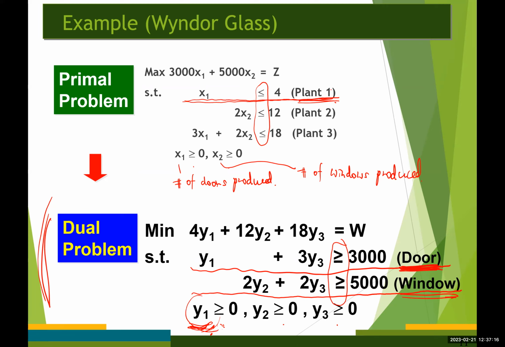Likewise, our second dual variable, Y2, is associated with plant number 2 hours, and the Y3 variable is associated with plant number 3 hours.